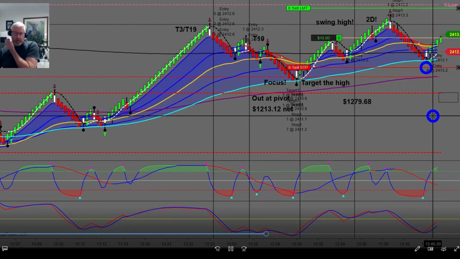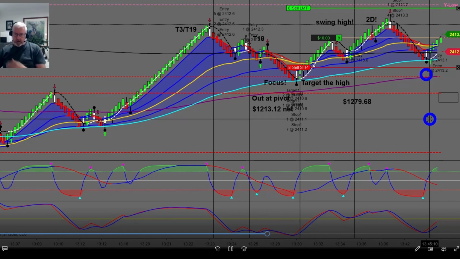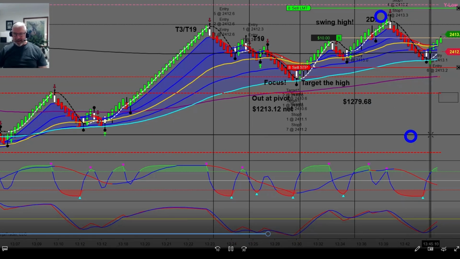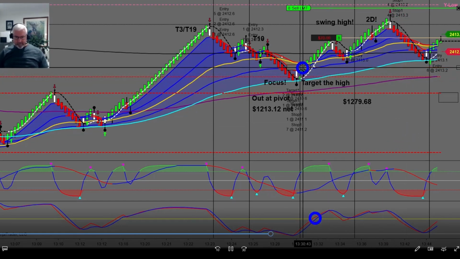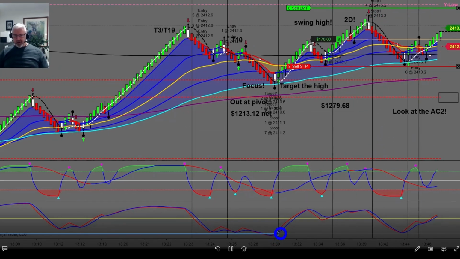This is what I call a 2B long. And I remember this because I had a similar scenario over here, that I went up there, and let me just hurry this along. Once again, normally I'd then be thinking, okay, let's target this high, but I was targeting yesterday's low.